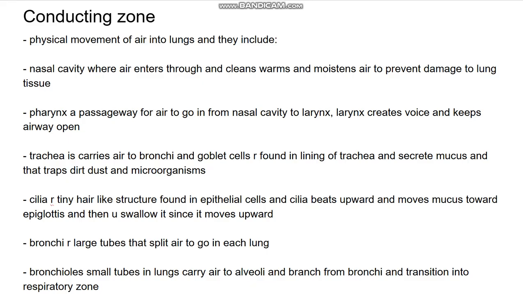And then we have your cilia, which are thread-like hairs found in epithelial tissues. They move upward and bring your mucus towards your epiglottis so you swallow it, because it moved upward.